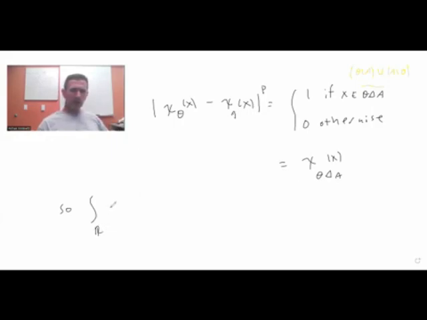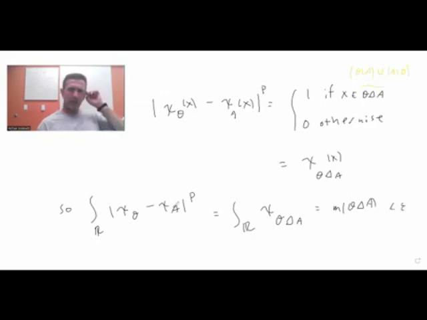Taking the LP norm of the difference of characteristic functions, well, the LP norm raised to the P is simply the measure of the symmetric difference, and this is less than epsilon.